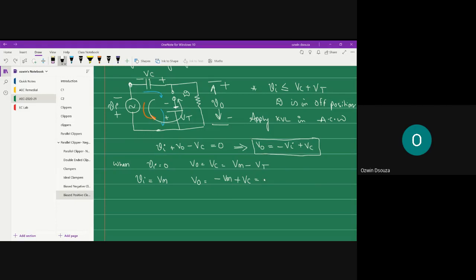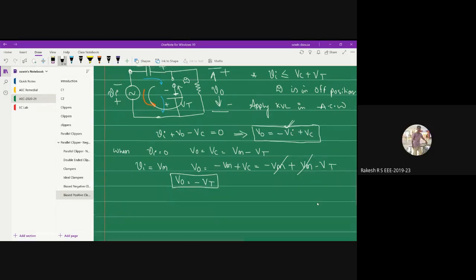So minus Vm, that's the input value, then plus Vc I should write. What is Vc? Vm minus Vt. Minus Vm plus Vm gets cancelled. So V naught is equal to minus Vt. This is correct, right? Can you confirm? Yes, sir.